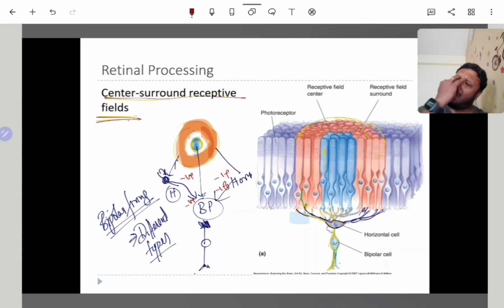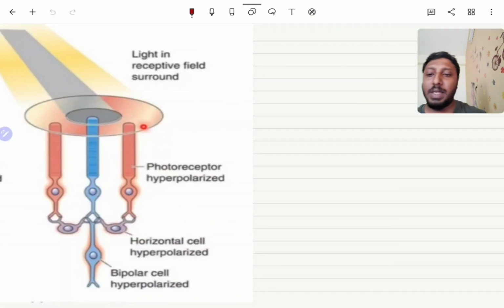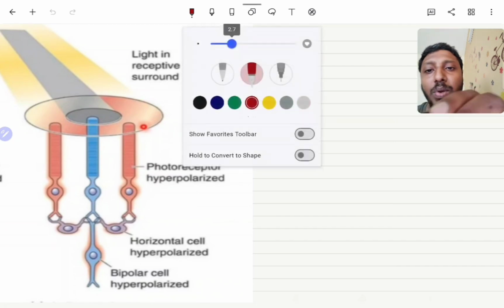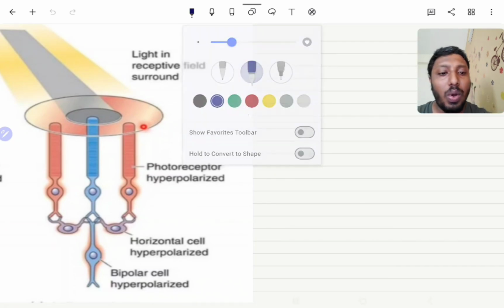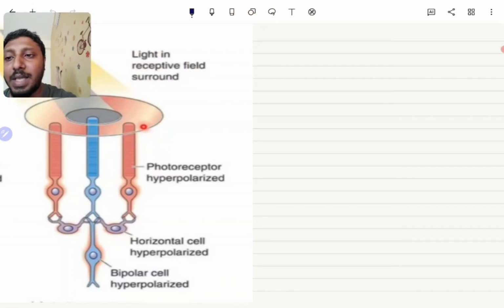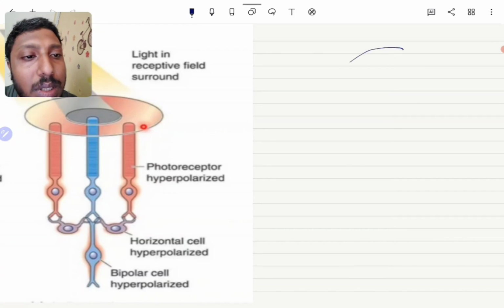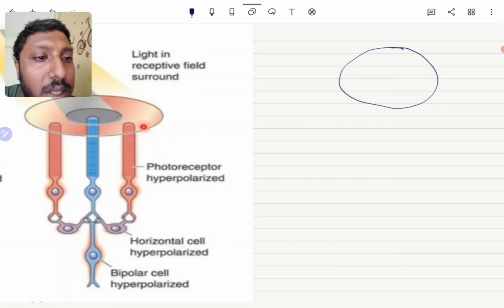Now you may think, why the center surround receptive fields? First we will tell you what it means to have that. I am going to teach you the most common example of surround center inhibition. Just imagine this is the receptive field of a ganglion cell.